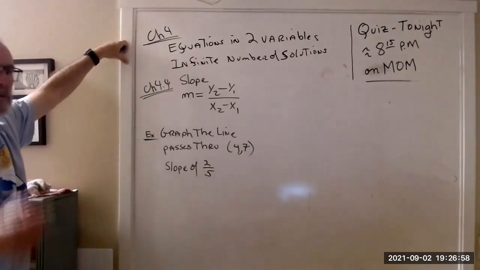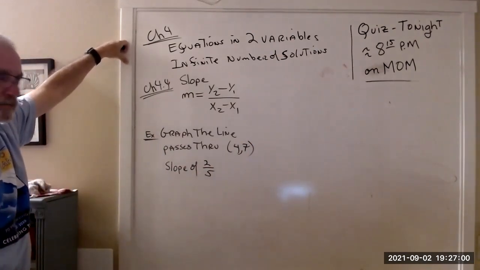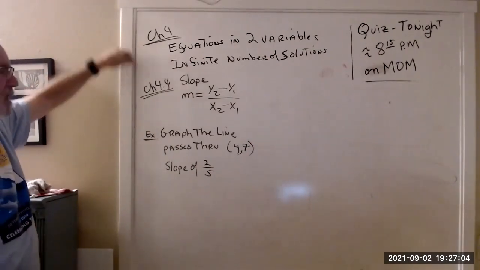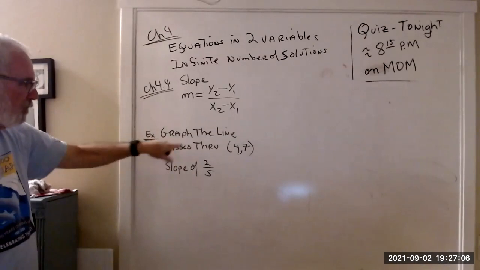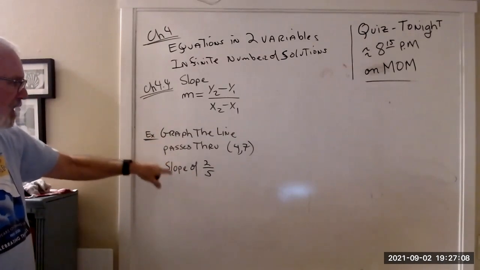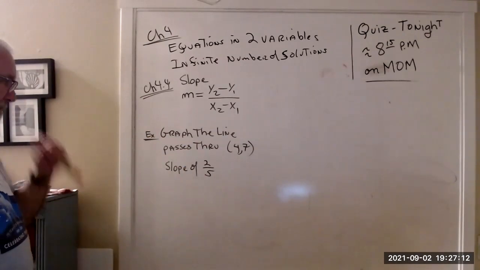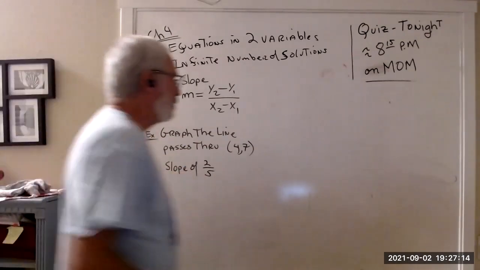So some of your homework is going to be something like this. It's going to give you almost a word problem. Graph the line that passes through the point (4,7) and has a slope of 2/5.